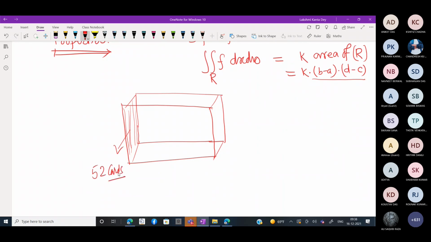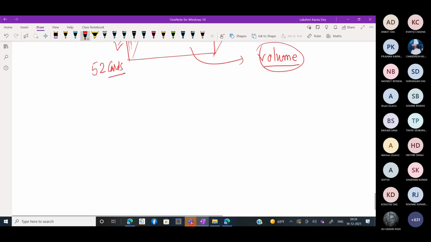I would like to find the volume of this. If I pick up one card and consider its area, then if I sum up the areas, we get the volume of the total 52 cards. That's all. Actually, that is what is done in repeated integration. So these are simple examples for understanding.